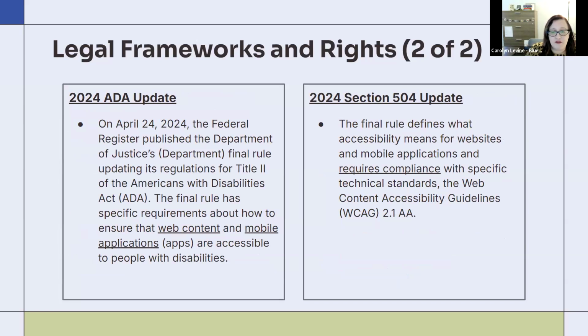So all community colleges, all public entities, anybody covered by Title II of the ADA, which is a lot of employers, colleges, a lot of institutions, it requires that our web content and mobile applications are accessible to people with disabilities, and specifically that we are compliant with the Web Content Accessibility Guidelines 2.1 AA at minimum.